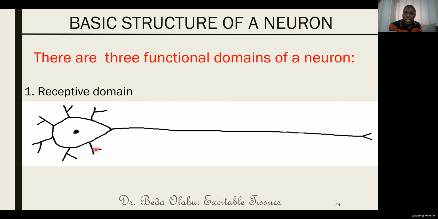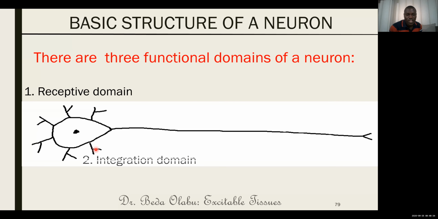The role of the dendrites is to receive signals either from the environment or from other neurons. Usually the dendrites have multiple branches so that you can increase the receptive field, the surface area over which impulses are detected.